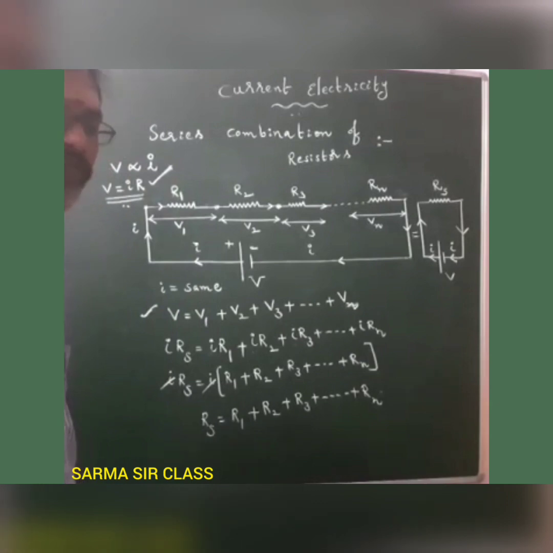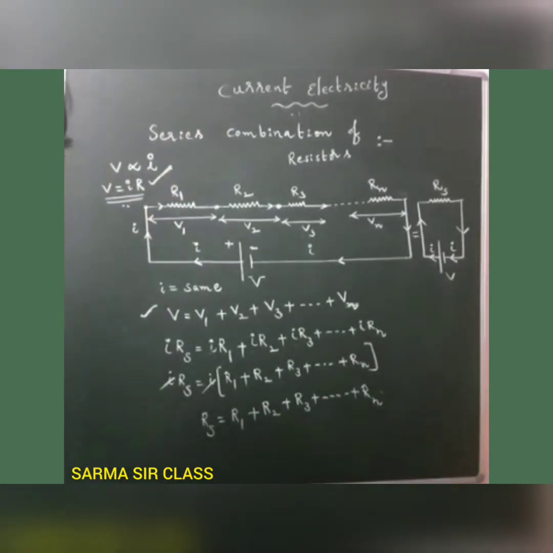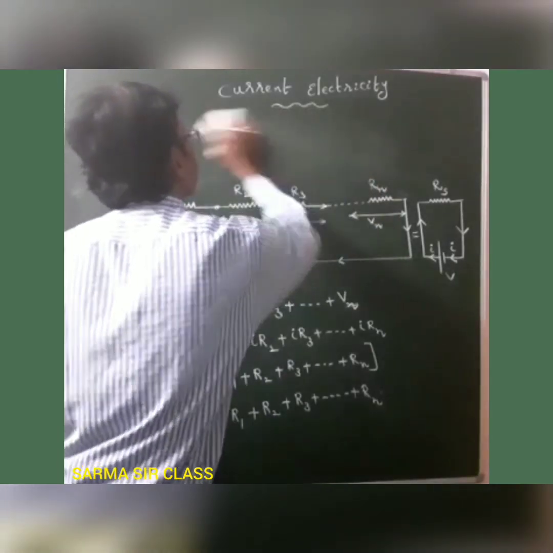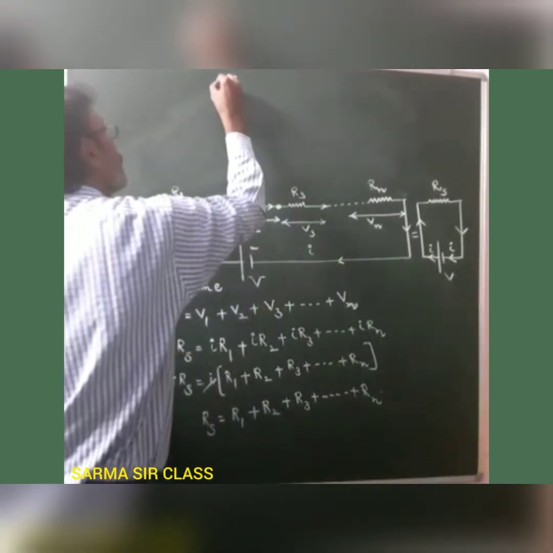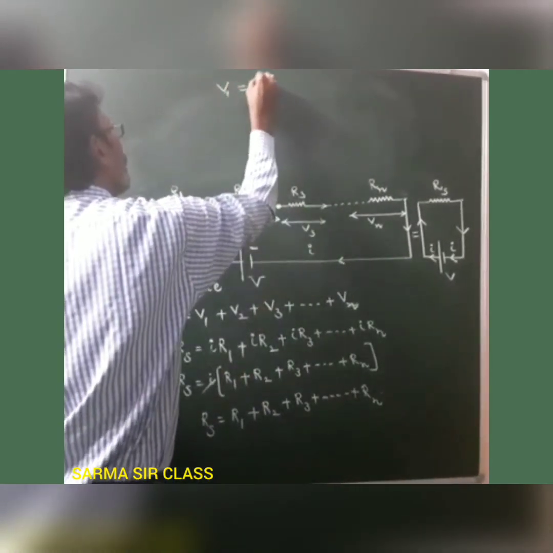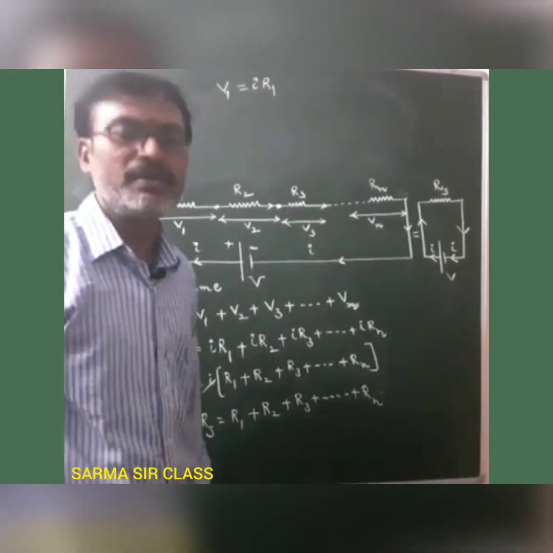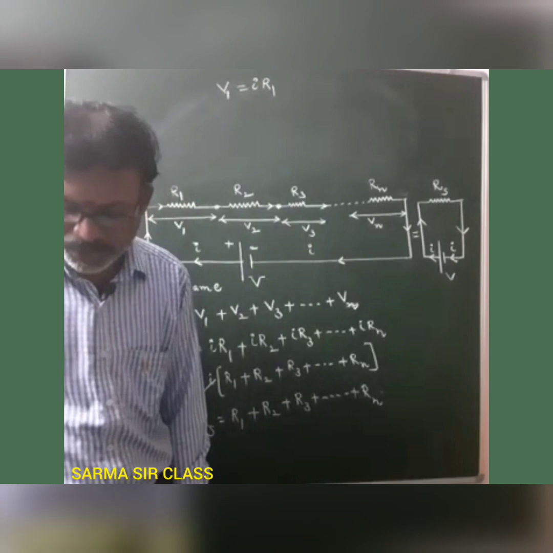The potential difference across the first resistor is V1 is equal to IR1.